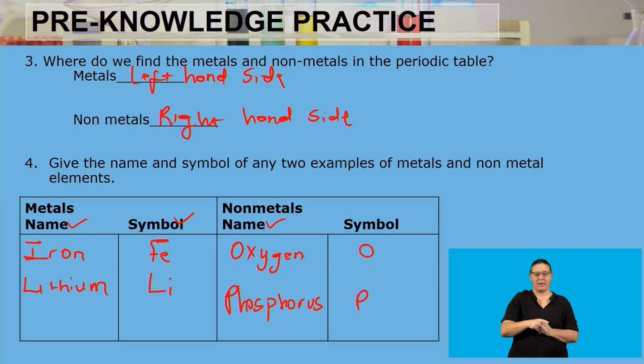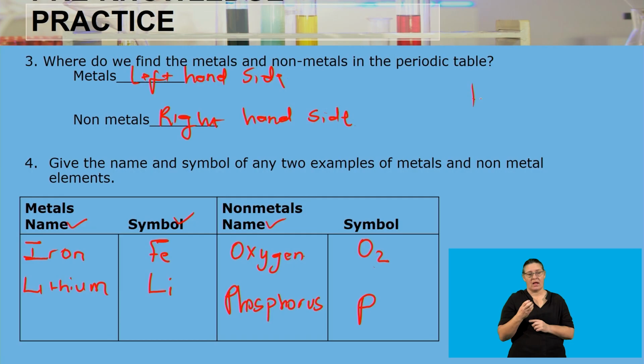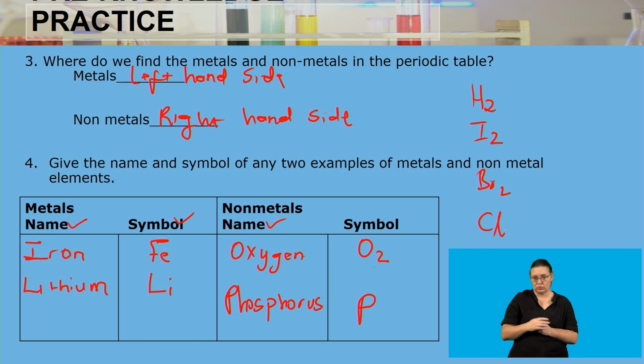However, we need to always remember that oxygen is a diatomic molecule. Now, there is a reason why oxygen is written as O2. Remember that oxygen is part of the diatomic molecules, those ones that exist as two. Whenever they are alone and not bonded with anything else, we write them as two. For instance, we can have our H2, we can have our I2, we can have our Br2, we can have our Cl2.